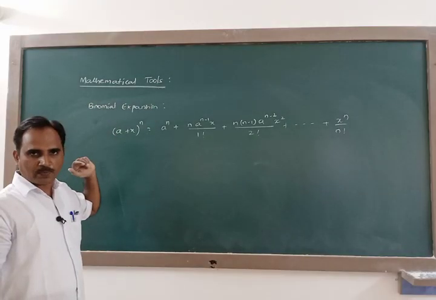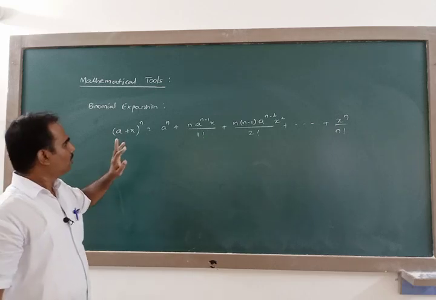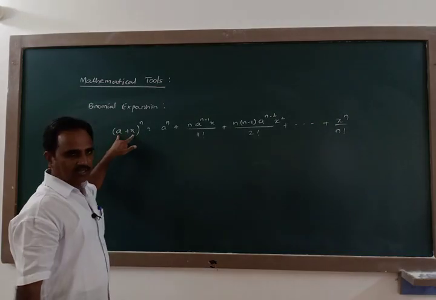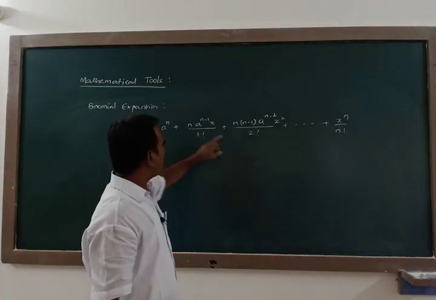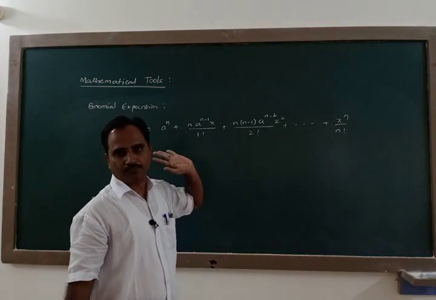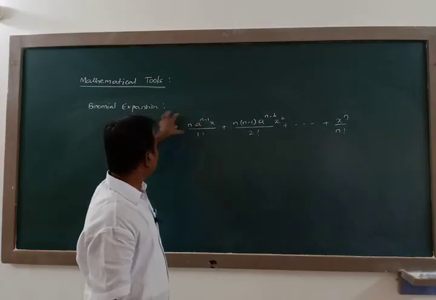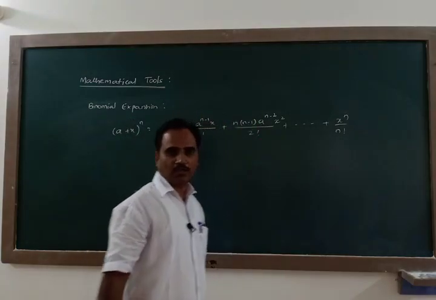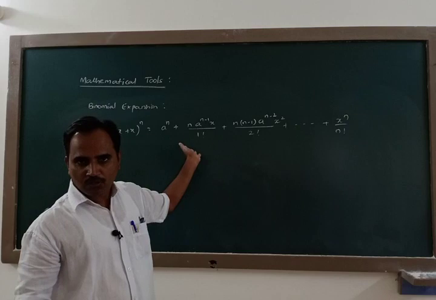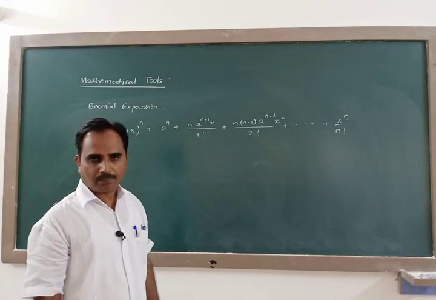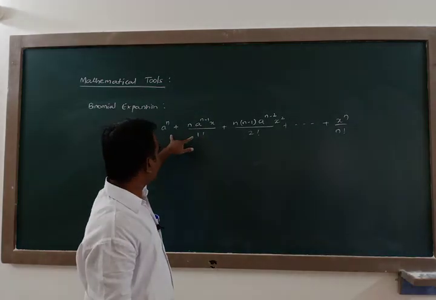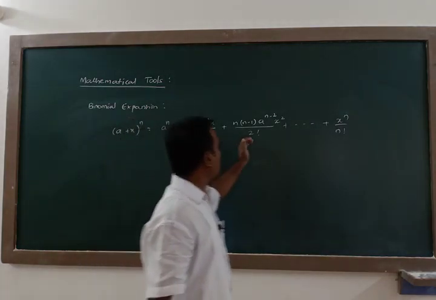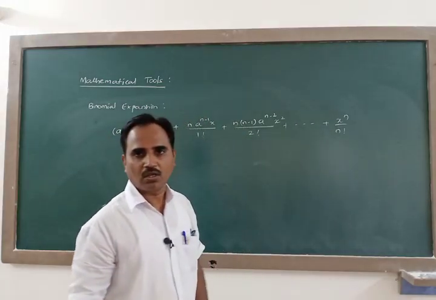Usually in this binomial expansion, if I take the values for a and x, the value of these terms decreases rapidly. So this is one term, second term, third term, fourth term and so on. The value of the first two terms will be very high compared to the other terms.